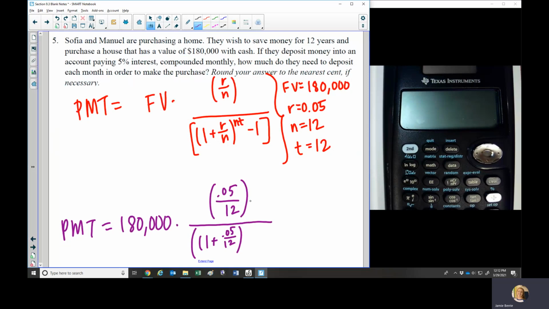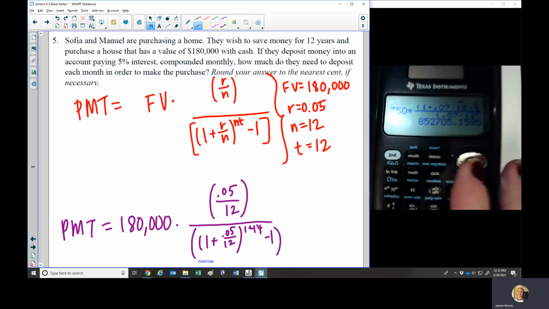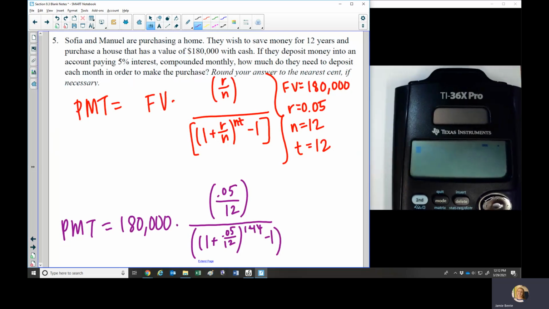So that's 12 times 12. We know that one's 144, minus 1. Okay, that looks better. Now let's plug this in, clear all that out.